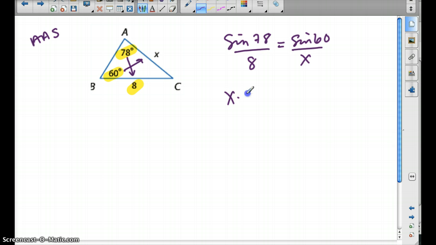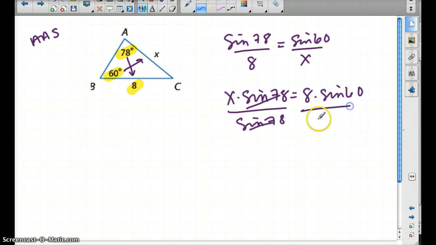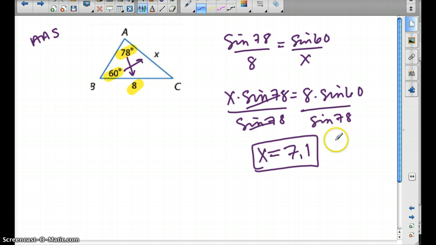So we have x times the sine of 78 equals 8 times the sine of 60. So we're going to divide by the sine of 78 on both sides. When you put that into your calculator, you should get x equals 7.1. And again, if you're having troubles, just let me know. Come in early. Let me check your calculator skills.